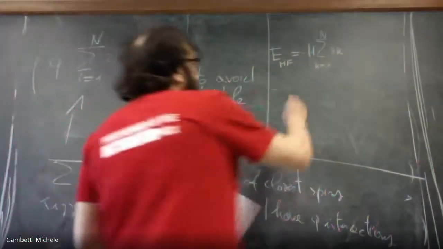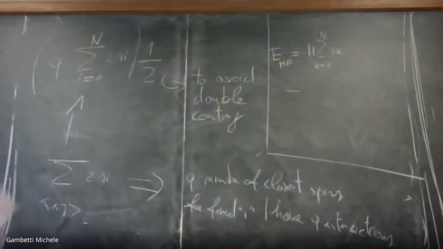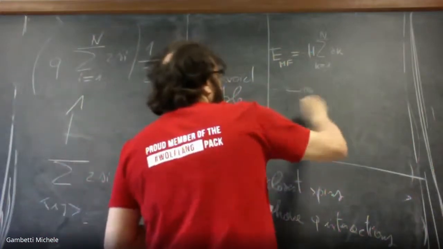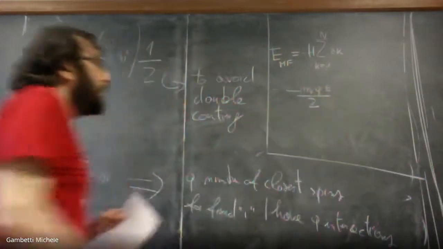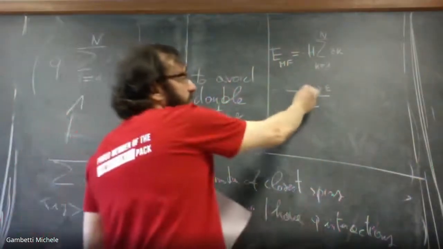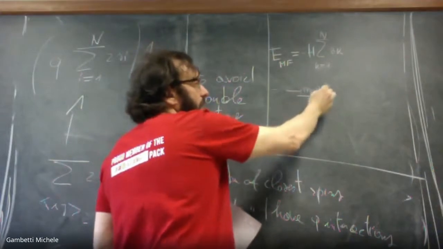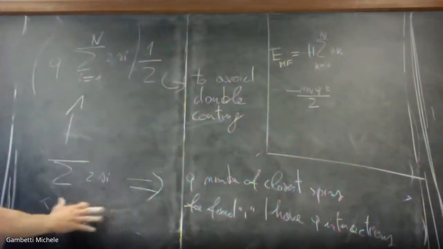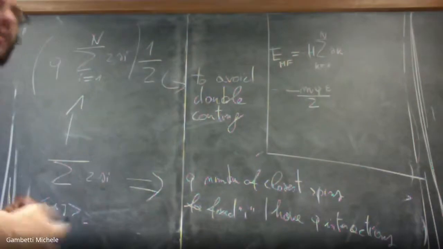And then the difficult part was the mutual interaction between the spins, which has a factor of m q epsilon divided by 2, where m comes from the mean field approximation, epsilon is the coupling, and q divided by 2 derives from this sum over pairs without double counting.